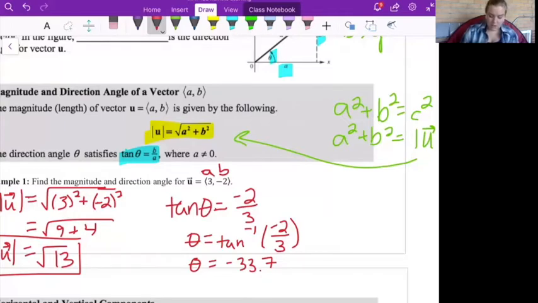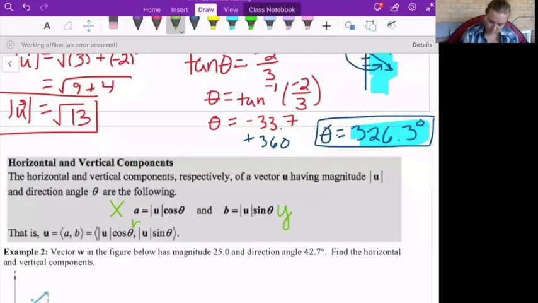Okay, so then if we're talking about the horizontal and vertical components, so this is, again, is really talking about where A is like X, B is like Y, where this is the horizontal and this is the vertical.